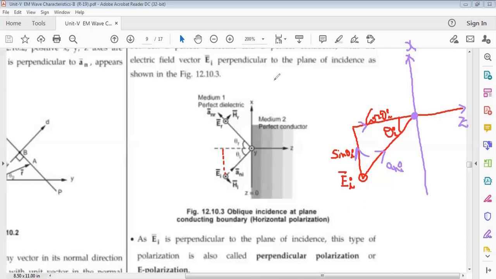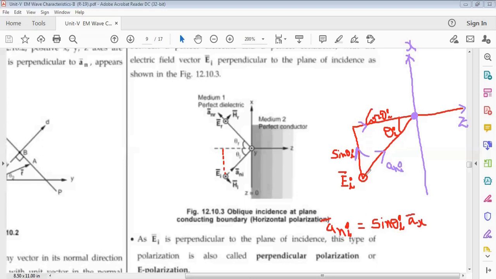Listen carefully, my dear students. ANI bar is equal to, we start here and travel in this direction, AX bar. Because X is in the positive direction, it is multiplied with sine theta I. So sine theta I into AX bar, plus the other side.